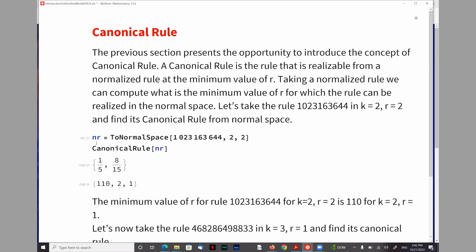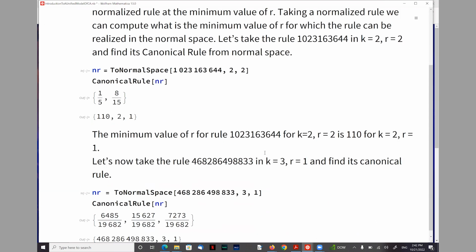We make it here in R, we then take the canonical rule, and it gives me a 110 K2 R1. So I can identify that. So if you find an interesting rule in some space, you say canonical rule, and it will actually give you what is the minimum space where that rule exists. Where did it show up first as you're going up?